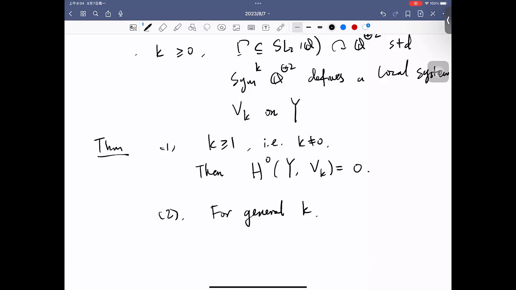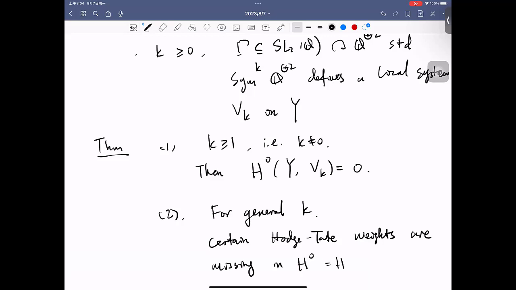So certain Hodge weights are missing in H0. It's better to write H less than 1, where you should really regard 1 as the middle degree.